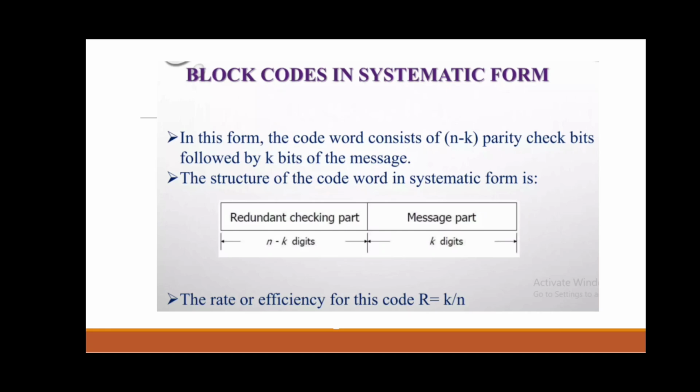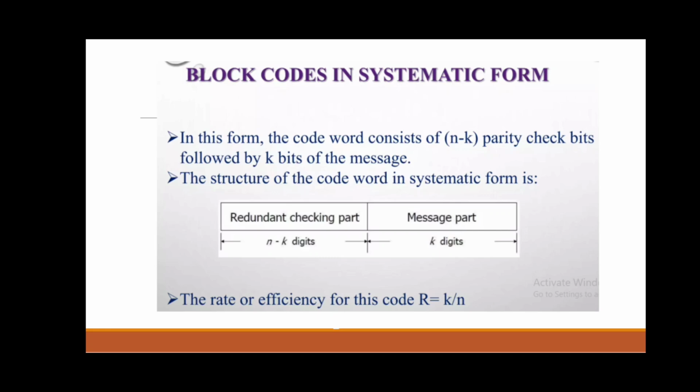We can code block codes as systematic and non-systematic. We are discussing here only the systematic form. As we have discussed, the message will be of k bits, and the whole code word will be of n bits.